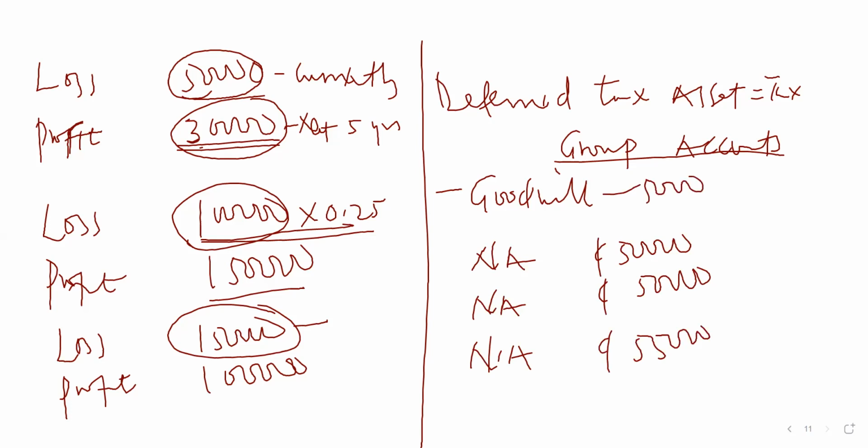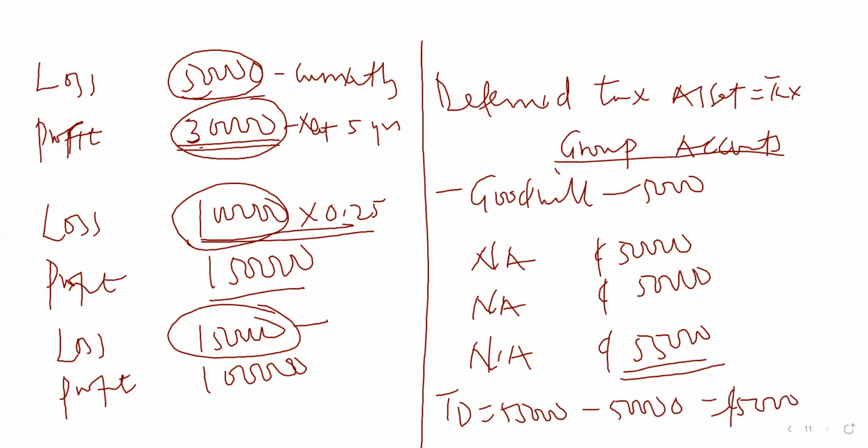So the net asset of the company will now be 55,000. Our temporary difference will now be 55,000 minus 50,000, and that will give us 5,000. What is causing the 5,000? What is causing the temporary difference of 5,000 is the goodwill, isn't it?